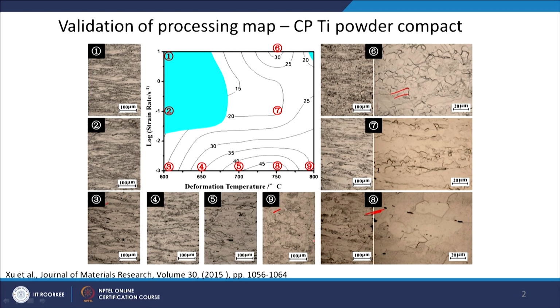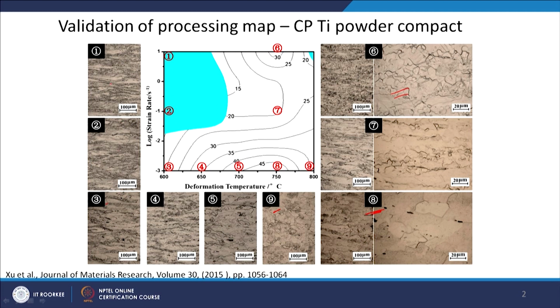Whereas, if you see the 1 and 2 here, you can see that some flow localization has taken place. You can see some big elongated coarse grain and then some very dark bands. So, this usually happens because of the flow localization.